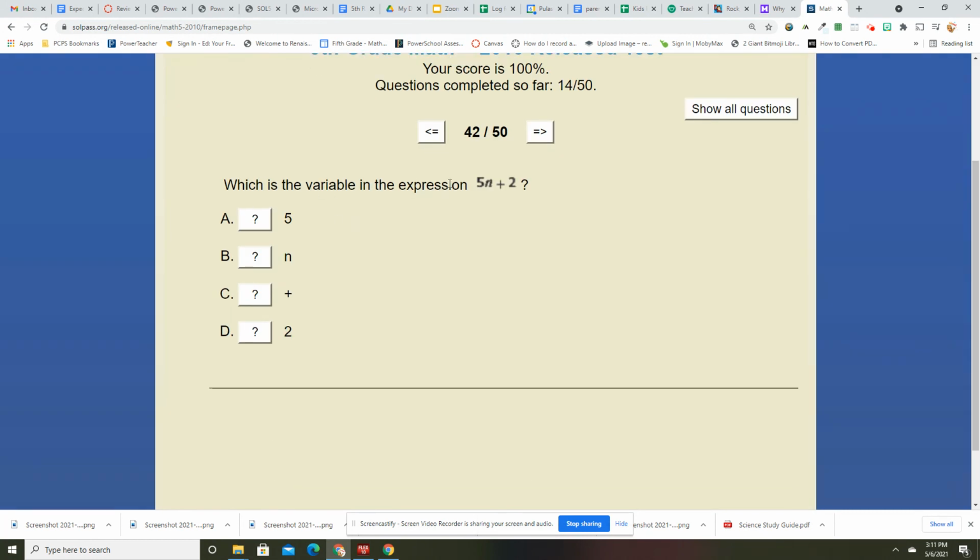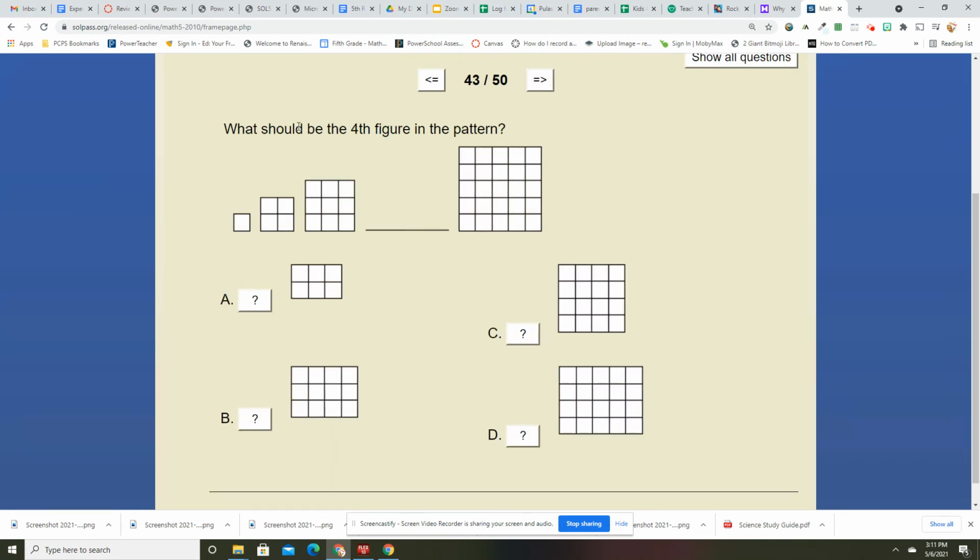Which is the variable in this expression? That is going to be N. We'll talk about variables on Tuesday. Which should be the 4th figure in the pattern? So here we're going up by 3. So we've got 1, then you've got 4. 1, 2, 3, 4, 5, 6, 7, 8, 9. 1, 4, 9. What do you think would fit there?